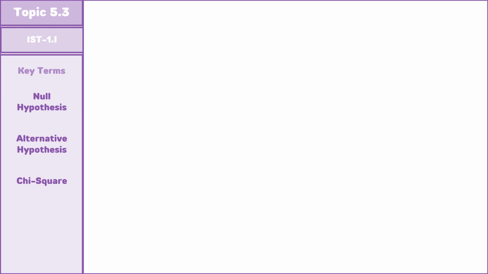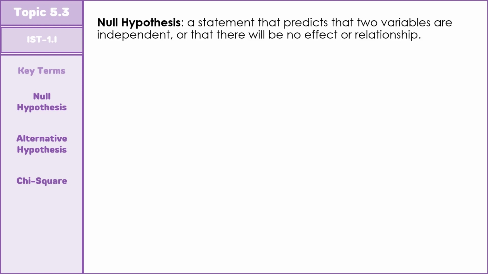But we add in a secondary hypothesis, which is the one that we can either prove or disprove in each of these cases. That is the null hypothesis. Null is essentially a word that means nothing. So that is exactly what we're describing with this hypothesis. It's saying that two variables that we look at are completely independent of each other, i.e. that there is no effect or relationship between them.